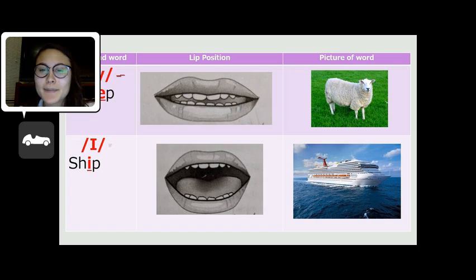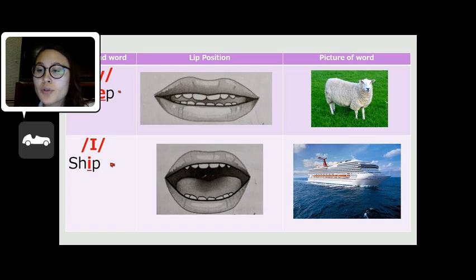E, I, E, I, E, I. Now I'm going to repeat the words sheep and ship.